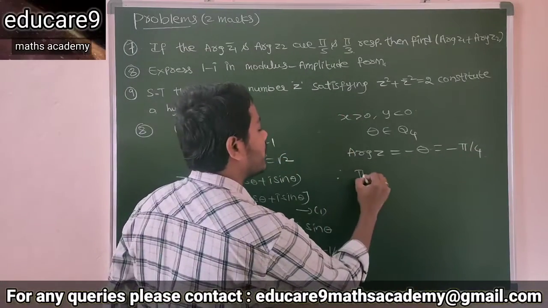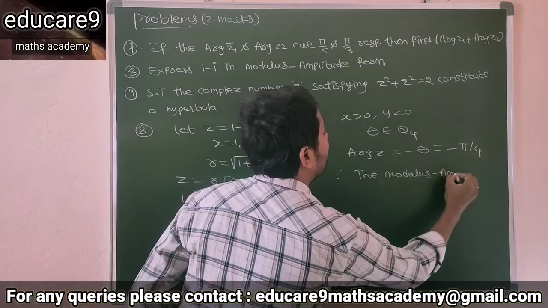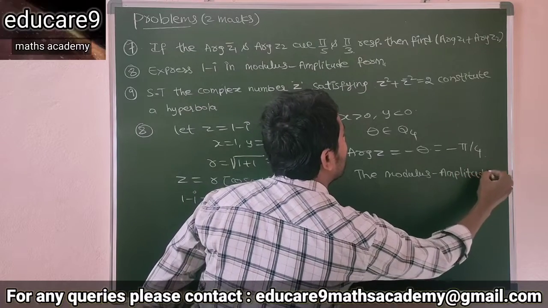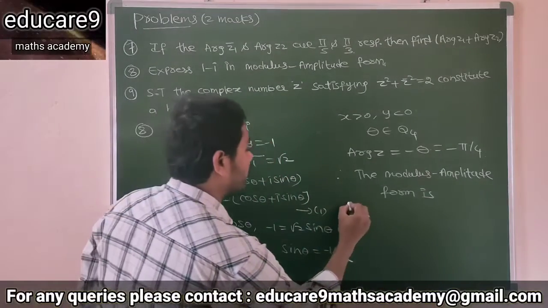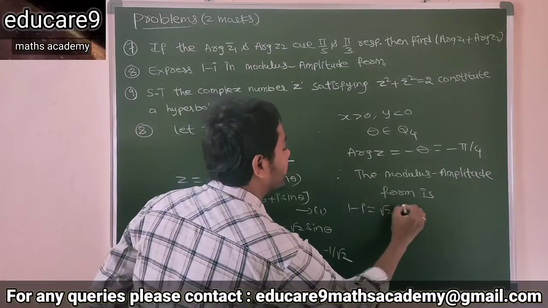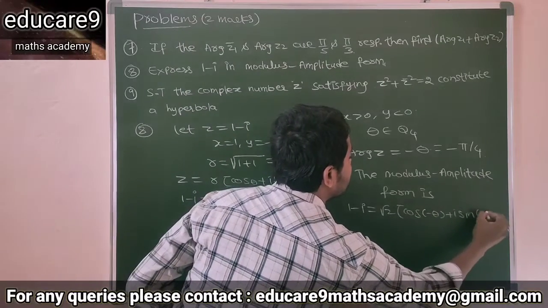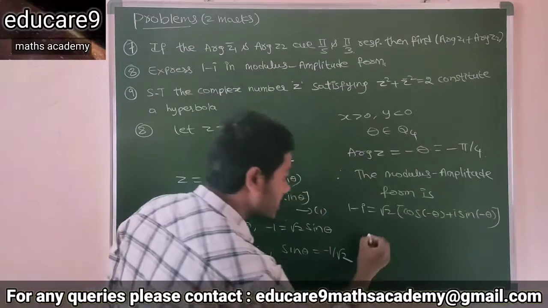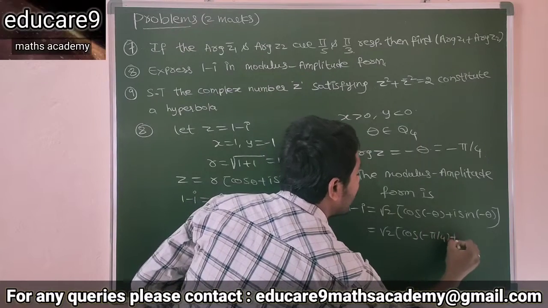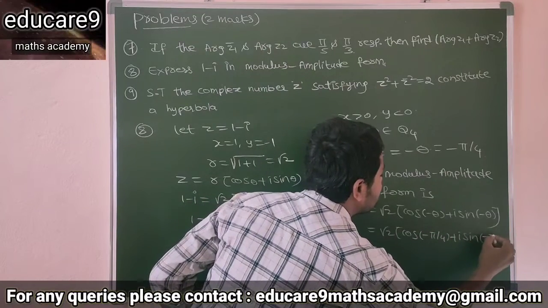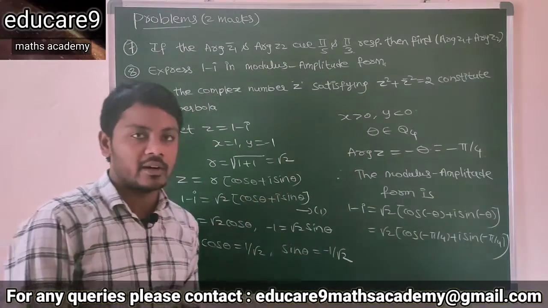So therefore the modulus amplitude form is 1 minus i is equal to root 2 into cos of minus theta plus i sin of minus theta. So that is root 2 into cos of minus pi by 4 plus i sin of minus pi by 4. So this is the modulus amplitude form of the given complex number.